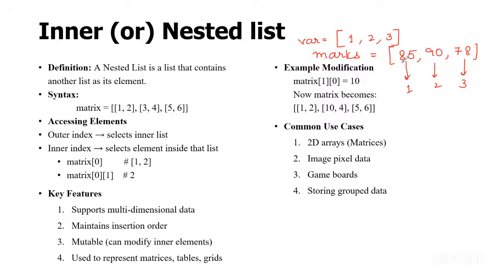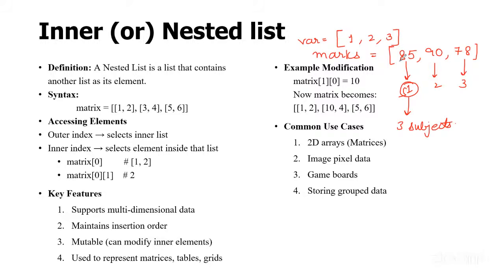Now let me ask you something. Each student won't just have one subject, right? He'll have more subjects like 7, 6. Let's say student 1 has 3 subjects. So how can I store 3 subjects at a time for student 1 in this list?